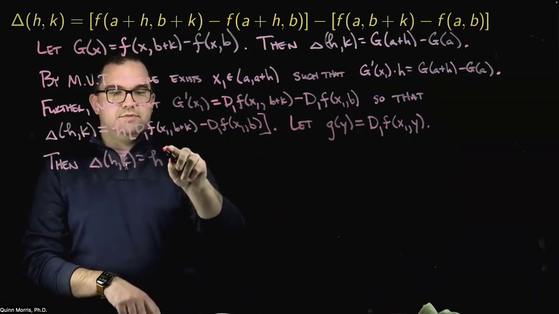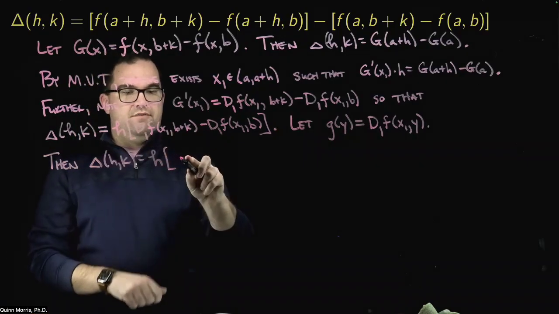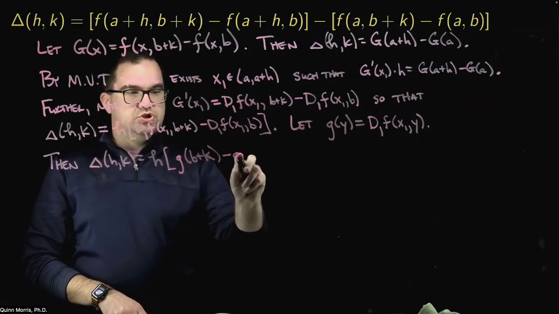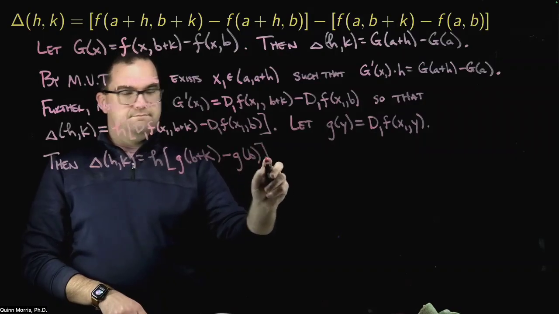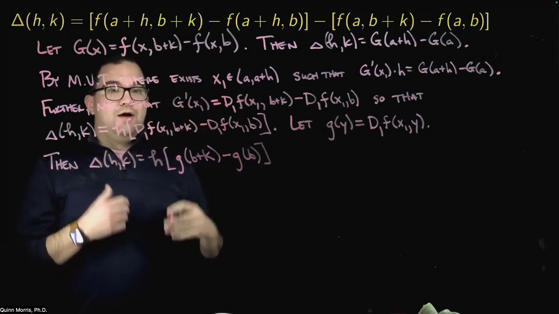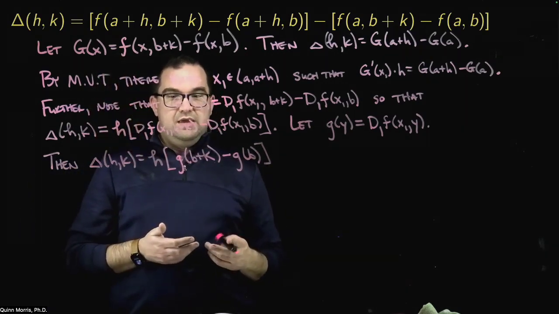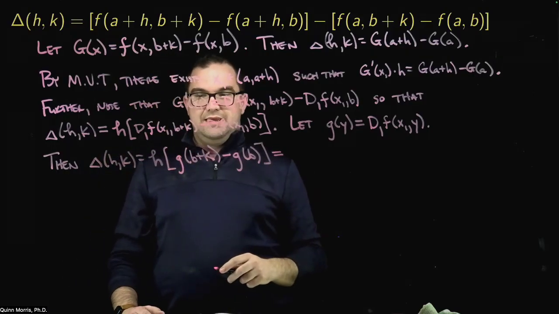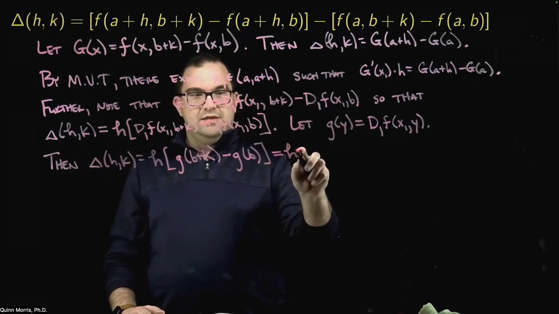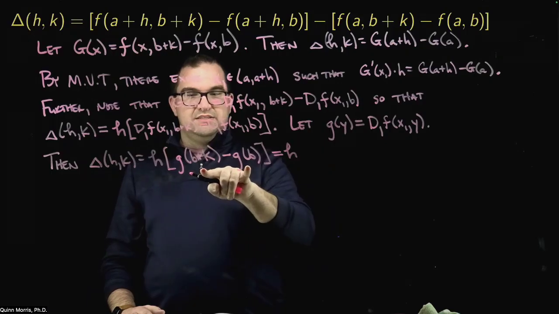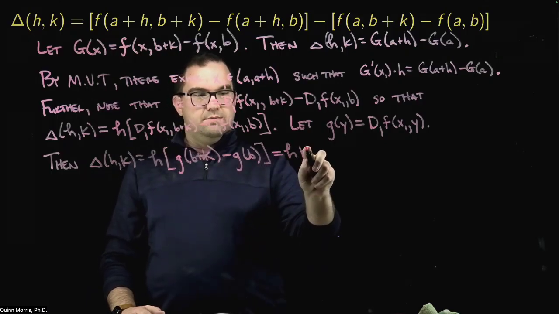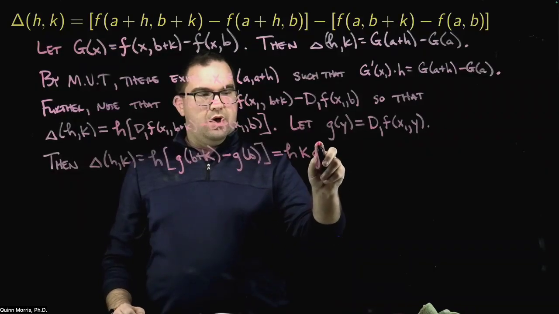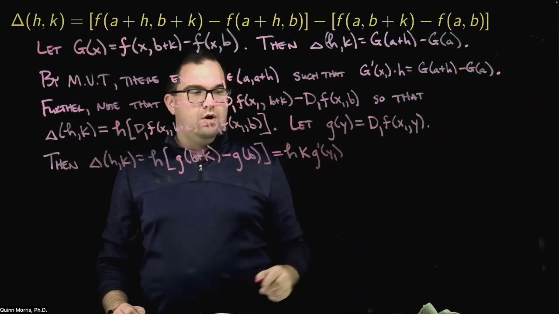This is h times, this would just be g of b plus k minus g of b. And now again, I want to apply the mean value theorem. So this is going to be equal to h times, now here, this difference will be equal to the difference between these two, which is k, times g prime of some y value, call it y1.